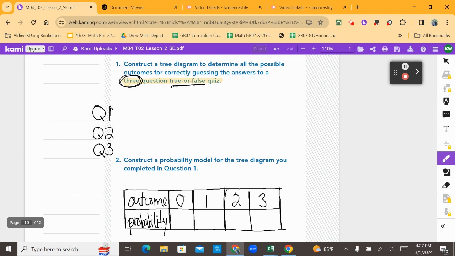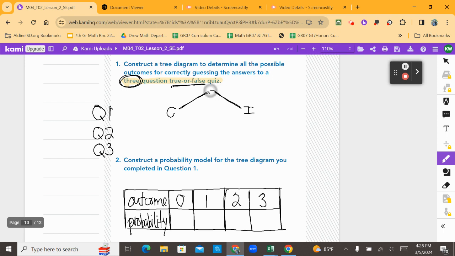Now, we could use true or false, but here we're trying to determine the probability of getting them correct. So just know we don't have the answers, but we can notate that and say for question 1, we're either going to get it correct or incorrect. So I'm just going to put a C for correct and an I for incorrect for question number 1.